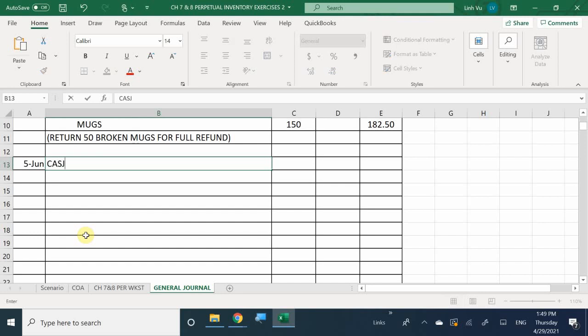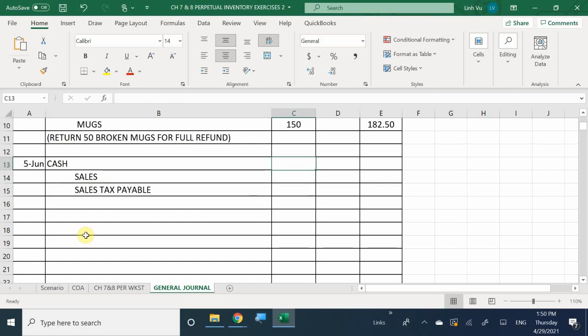Yes, we received cash, right? So therefore, we're increasing our asset. What else are we going to have? Sales. Sales is what we did, right? We sold items, so therefore we need to recognize sales, and therefore sales tax, because we have to charge sales tax.